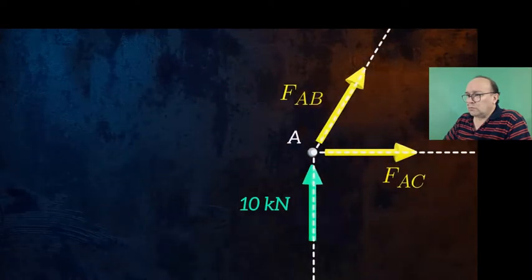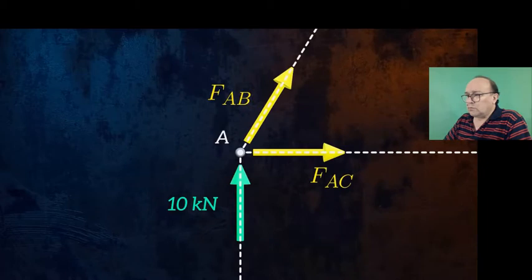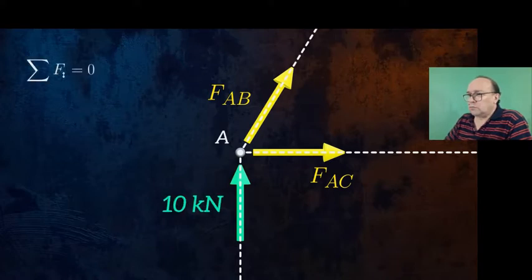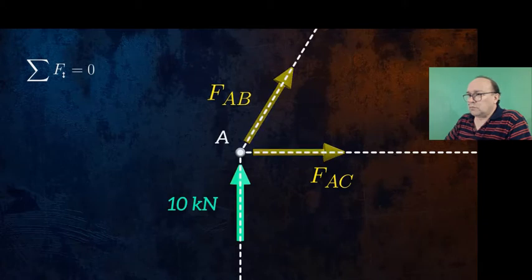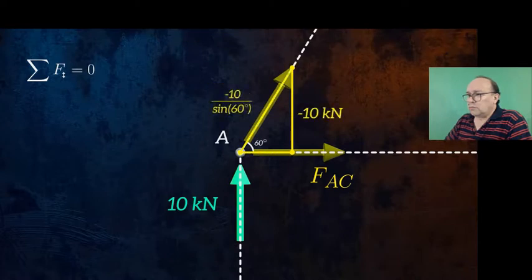Back to our joint. All we have to do is apply the equilibrium equations to determine the unknown forces at joint A. Taking equilibrium of the vertical forces, the 10 kilonewton reaction force must balance the vertical component of the force FAB. And so we can calculate FAB as negative 10 divided by sine of the angle of 60 degrees.